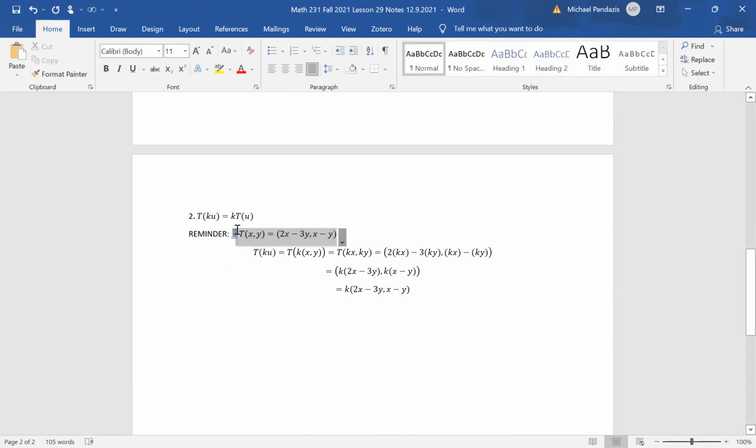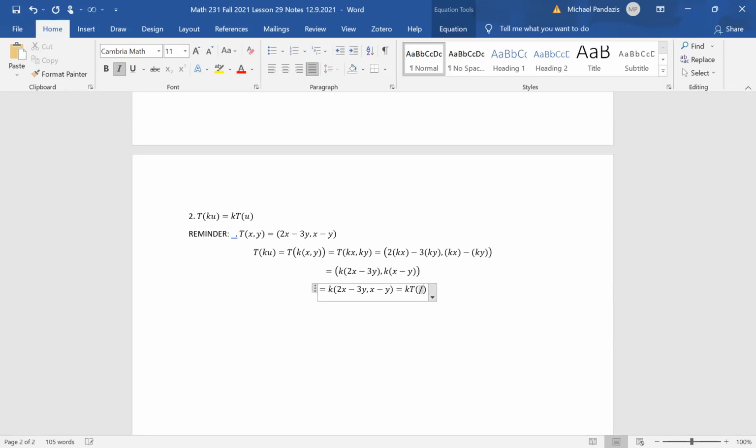Okay, and that is T of x comma y. And so this is equal to k times T of x comma y. Okay, so T of ku is equal to k times T of x comma y, but (x, y) is u. This is k times that. So you get that T of ku is equal to k times T of u. And also reminding you that u is equal to x comma y.